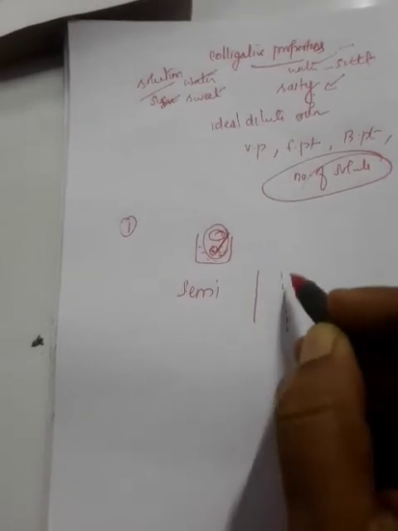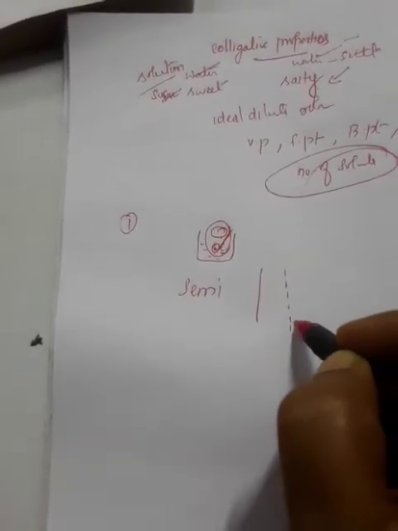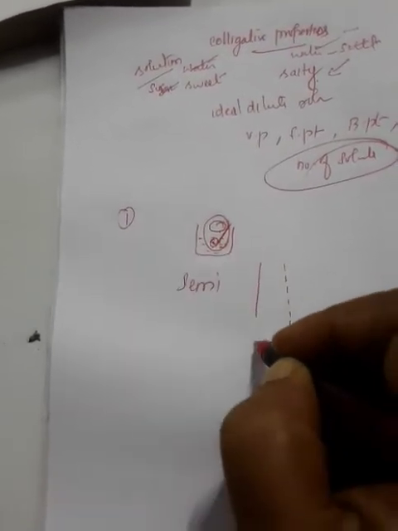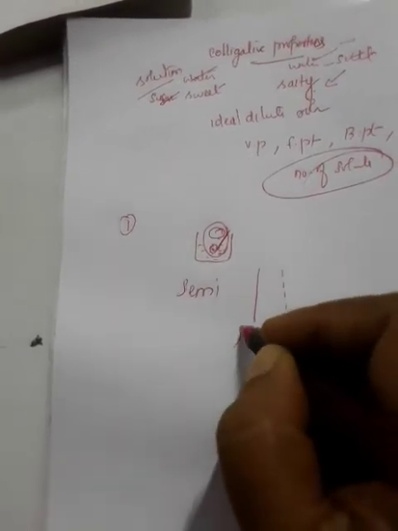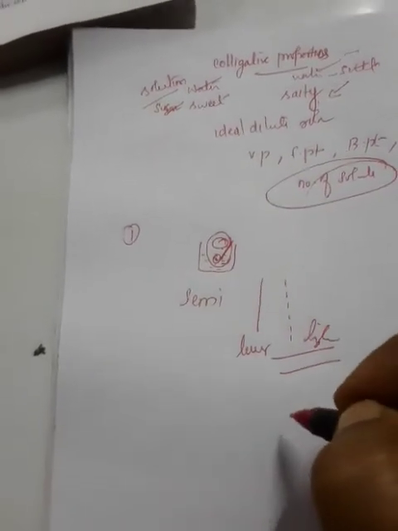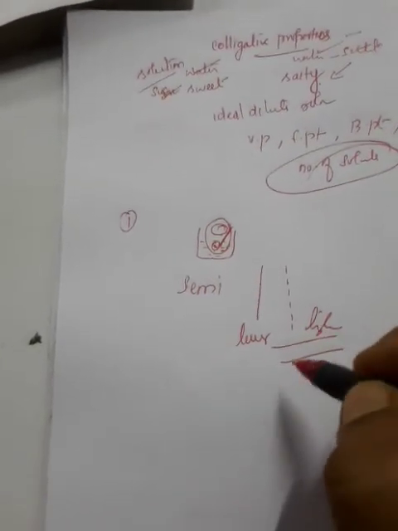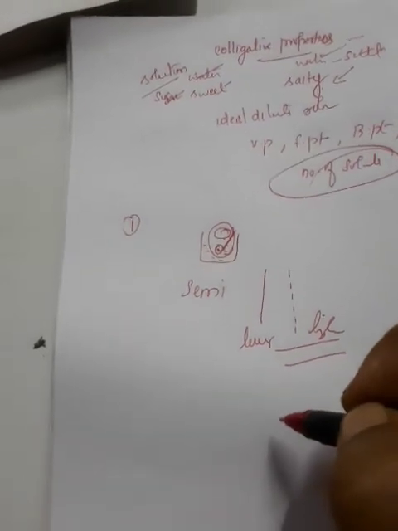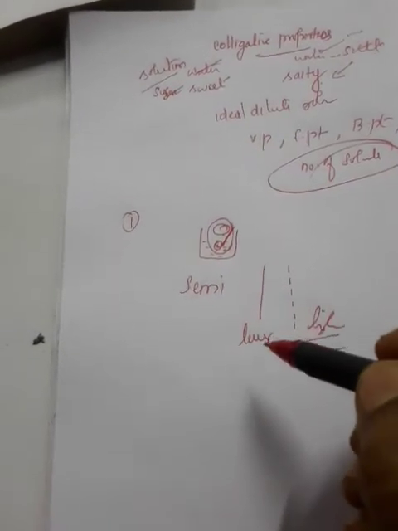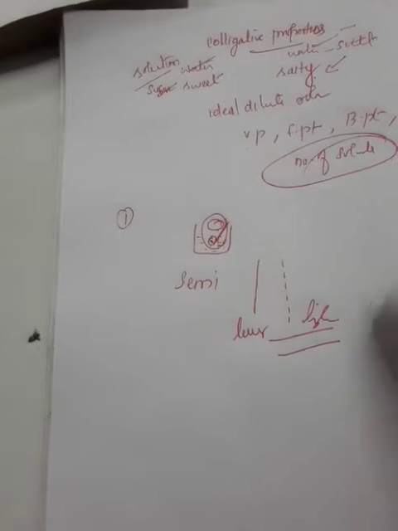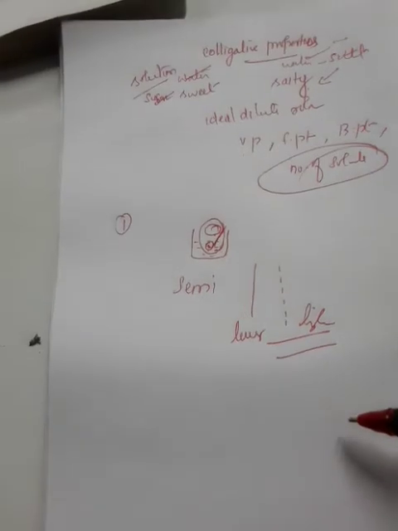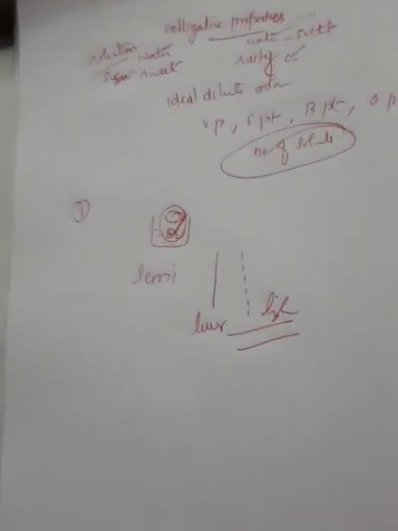It allows the solvent molecules to move from the lower concentration to the higher concentration. That is called osmosis. It is derived from the Greek word osmos, which means to push. But it does not allow certain molecules to move from the higher concentration to the lower concentration. Only from lower concentration to higher concentration, the solvent molecules will flow.